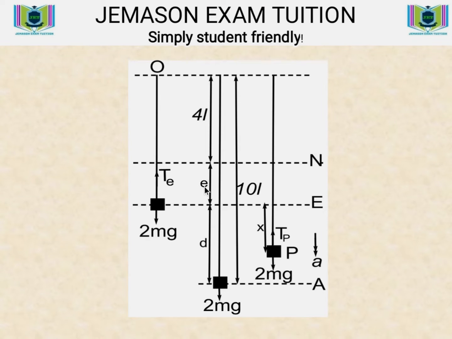Subsequently, we have to calculate that equilibrium extension using the fact that at equilibrium the tension is equal to the weight of the particle. Further, the question says the particle has been pulled down from the equilibrium position to a point A. So this is the level of A where the particle is now, and then released from rest.